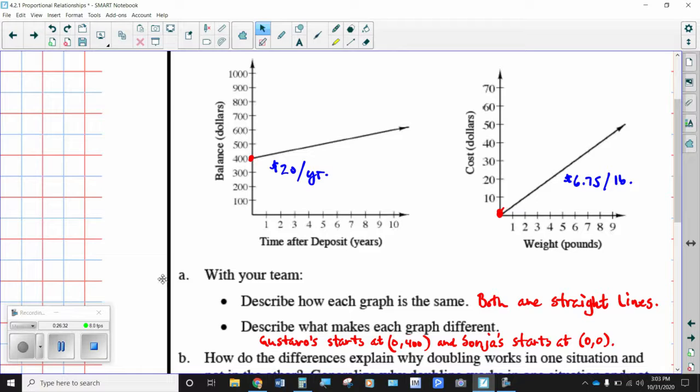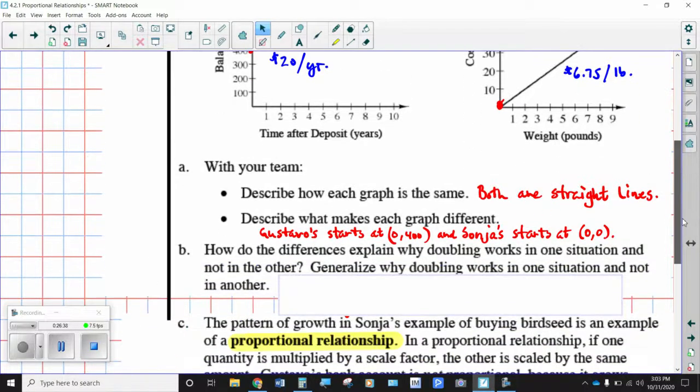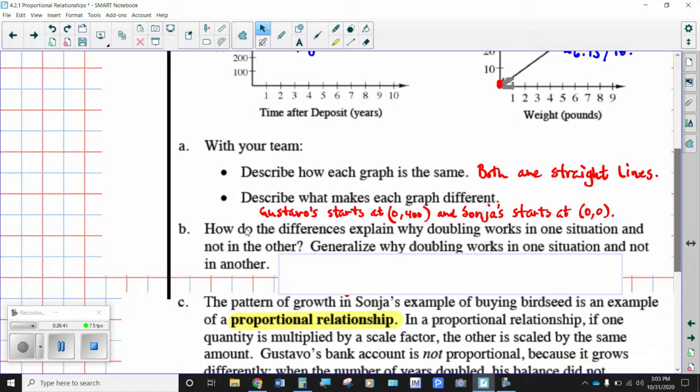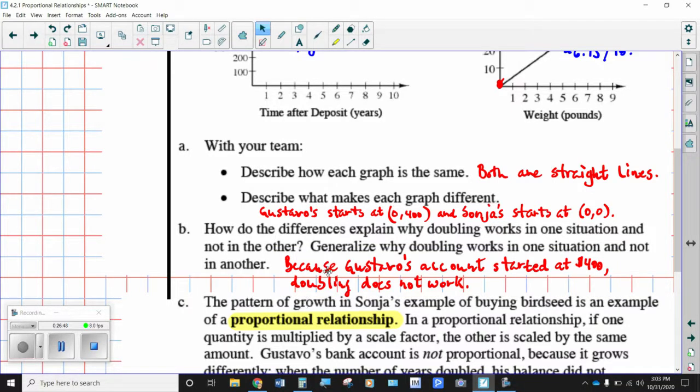You just walk into the store and you walk back out and you haven't lost any of your money. Okay, so that's a key element of what makes a proportion a proportion. So how do the differences explain why doubling works in one situation and not in the other? Well, Gustavo's account started with 400, so doubling does not work in his situation.